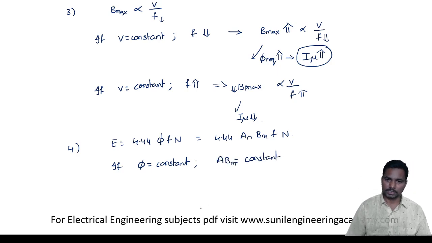If the flux requirement is constant, A B is equal to constant.